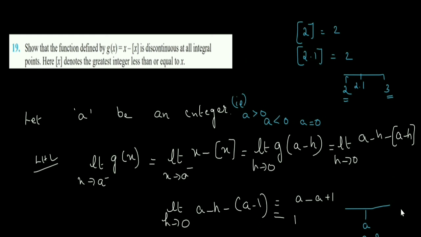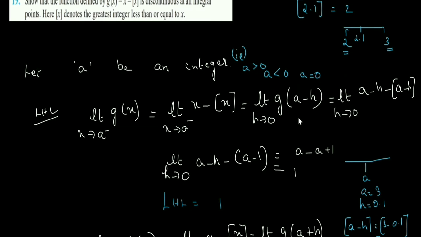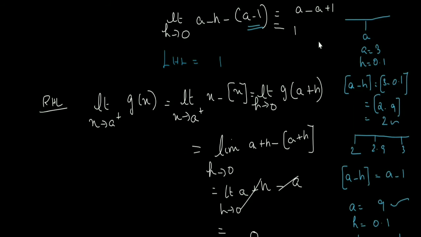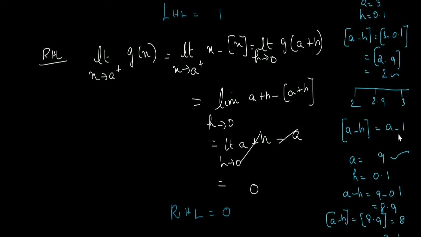So here in g of a minus h, you are replacing x by a minus h, minus the greatest integer of a minus h. So this greatest integer of a minus h is nothing but a minus 1. Okay, this is the example I gave, go through it. It is 1 less than this a.